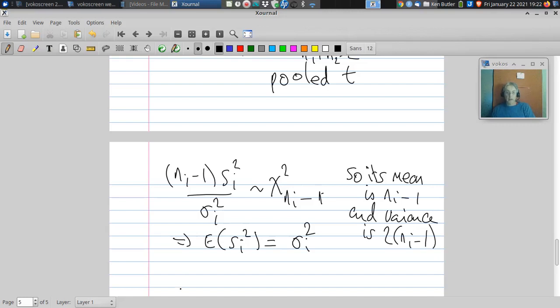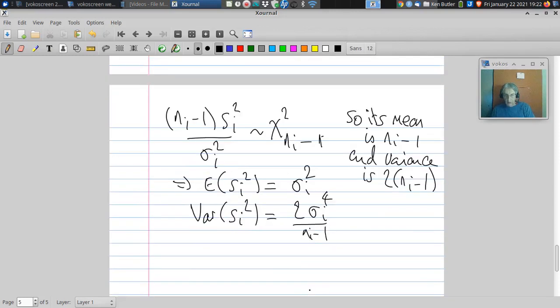All right, so that's what we've got so far. This is this, and the variance of si squared works out to be 2 sigma i to the 4th over ni minus 1. So we've got those two things.